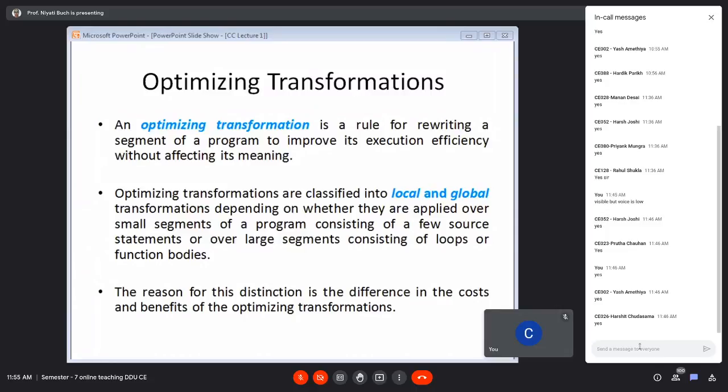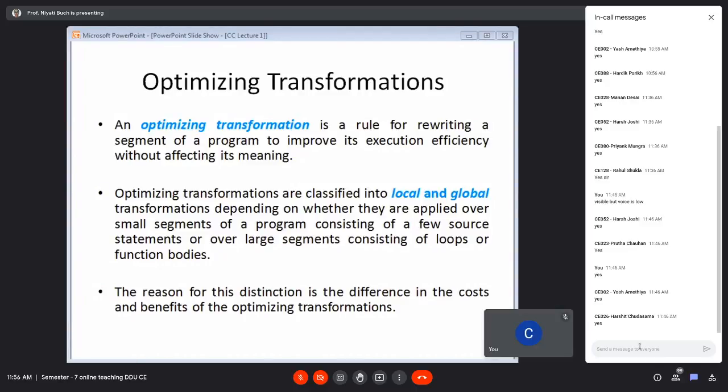These optimizing transformations are broadly classified into two types. One is local and the second one is global, depending on where they are applied. If they are applied over a small segment of a program consisting of a few source statements, then we will call them local optimizing transformations.